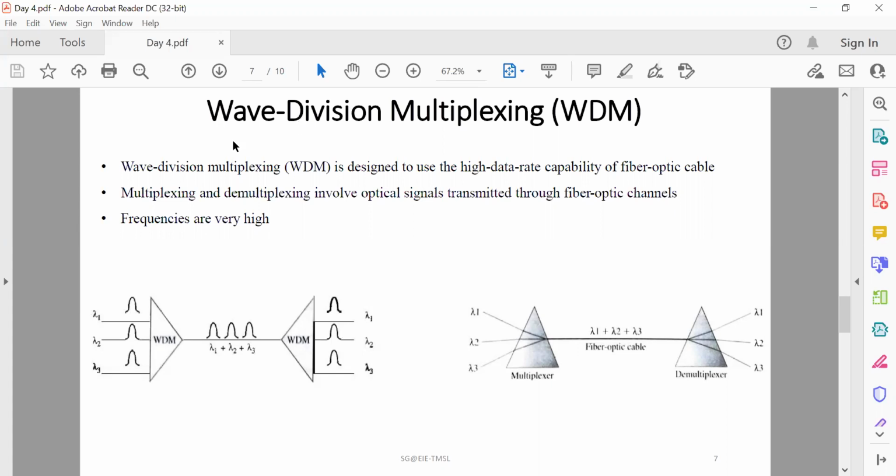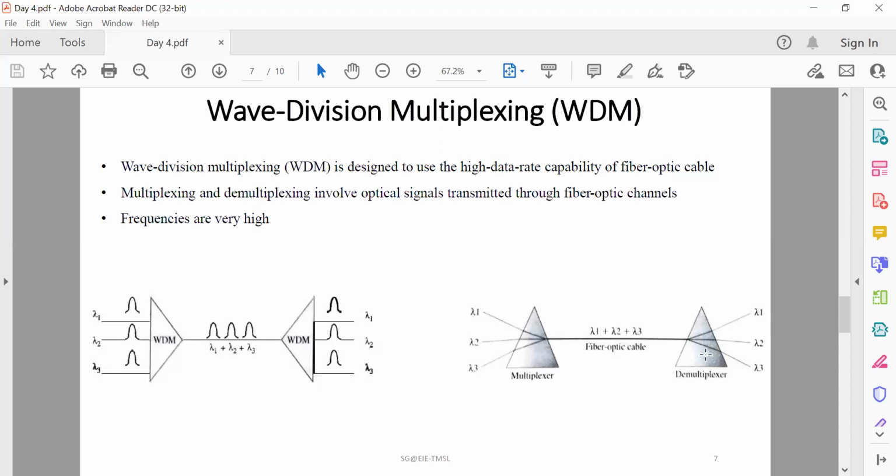So the basic idea is related to the light properties, which you have already read in physics. We want to combine multiple light sources into one single light at the multiplexer, and do the reverse at the demultiplexer. Now the combining and splitting of light sources are easily handled by a prism.